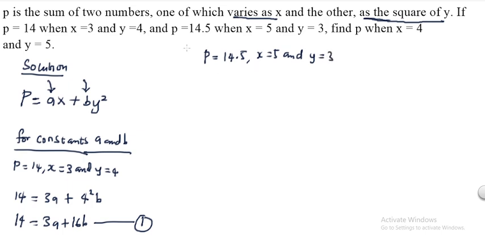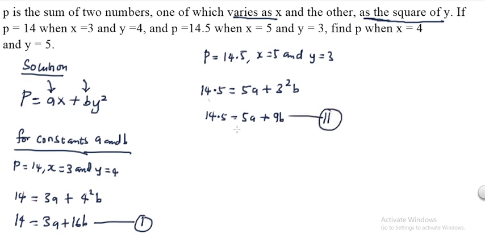So if we substitute all of this into our equation, we get 14.5 is equal to 5A plus, Y is 3, so we have 3 square here. If we do this, we get 14.5 is equal to 5A plus 3 square, which is 9, so we have 9B. We can call this equation 2.